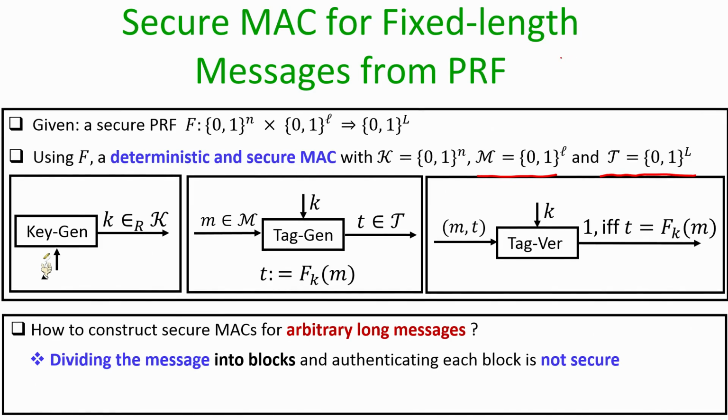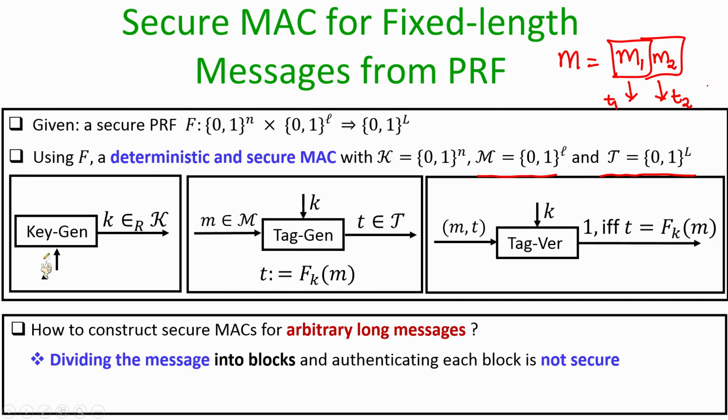Specifically, assume that you have a message m consisting of 2 blocks of big L bits, and you divide the message m into blocks m1 and m2, and say you authenticate m1 using this fixed length MAC procedure, and you authenticate m2 independently using the same key k.